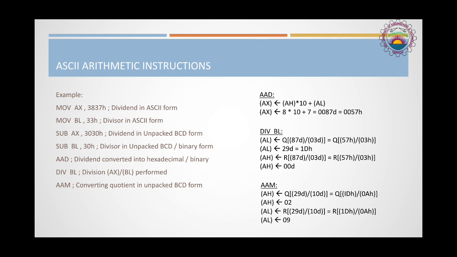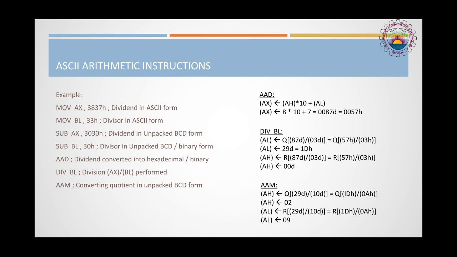Quotient of this division will also be 02, that will be present in AH, and remainder of this division will be moving into AL register. So 29 decimal divided by 10 decimal, or otherwise 1D hex divided by 0A hex, remainder will be the same, that will be 09 present within AL after execution of AAM instruction.